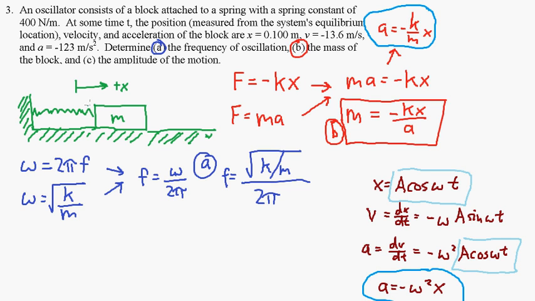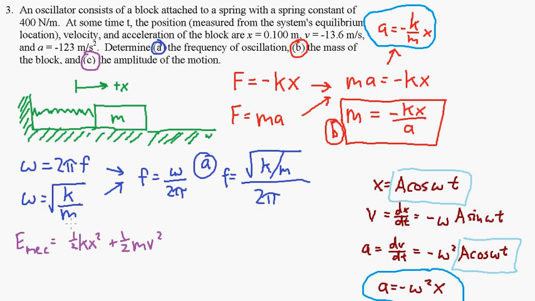So for part C, actually let me use purple. So C is in purple. Okay, so you're going to have E mech is, yes, you guessed it, 1/2 k x squared plus 1/2 m v squared. This is our kinetic energy here, 1/2 m v squared. This is our potential energy here, 1/2 k x squared.